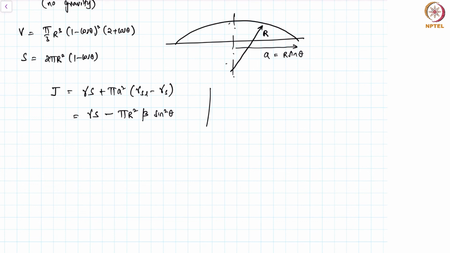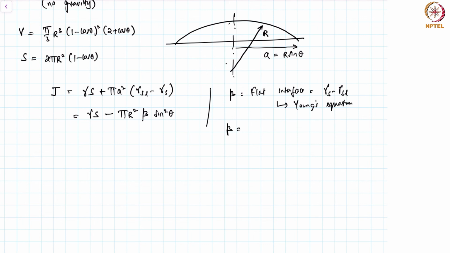Now, beta for a flat interface is simply gamma s minus gamma SL. This gives me the Young's equation.